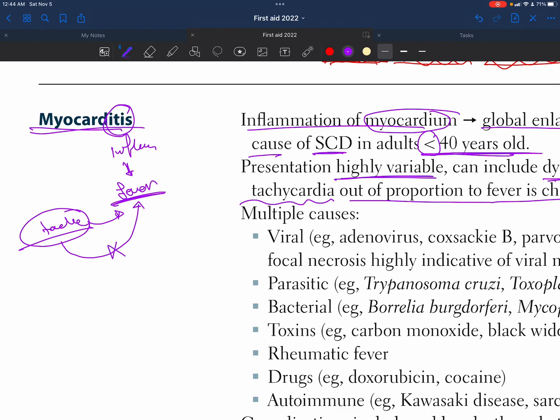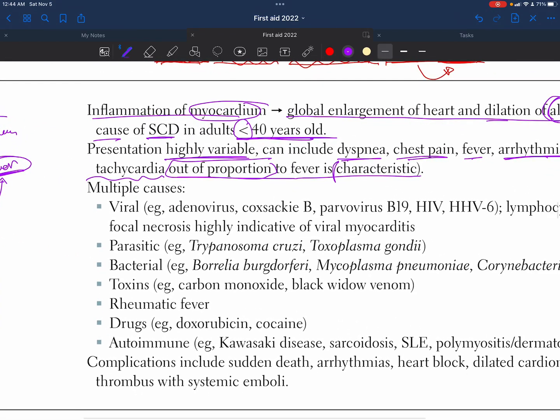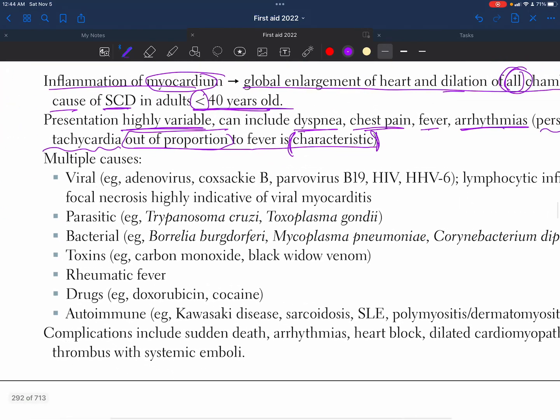So sometimes maybe it's a low fever, but the tachycardia is too strong. Anyhow, they're out of proportion. The tachycardia is out of proportion to the fever, and this is a characteristic sign to know that we are having myocarditis in this patient.